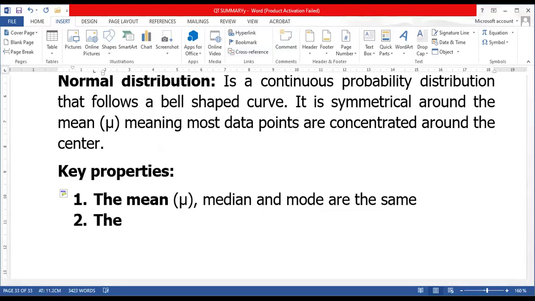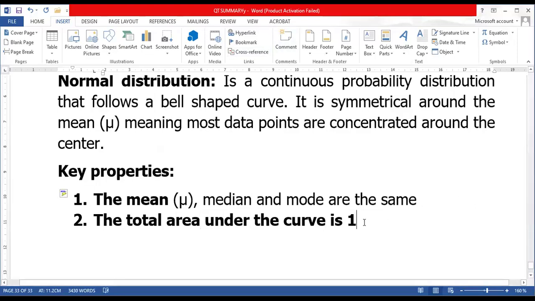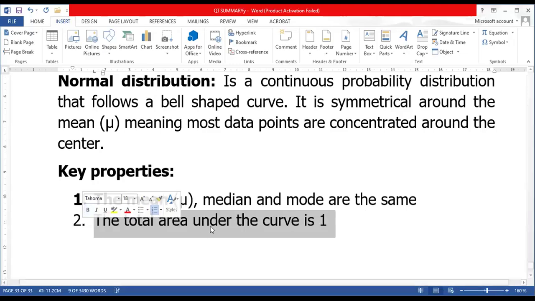The total area under this bell-shaped curve is 1, or 100%. That is also another characteristic.